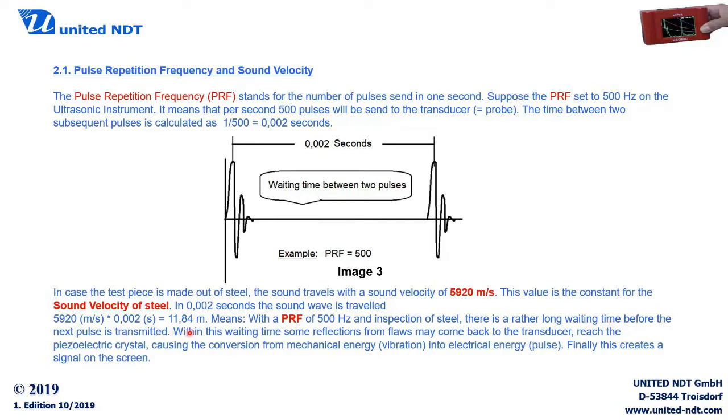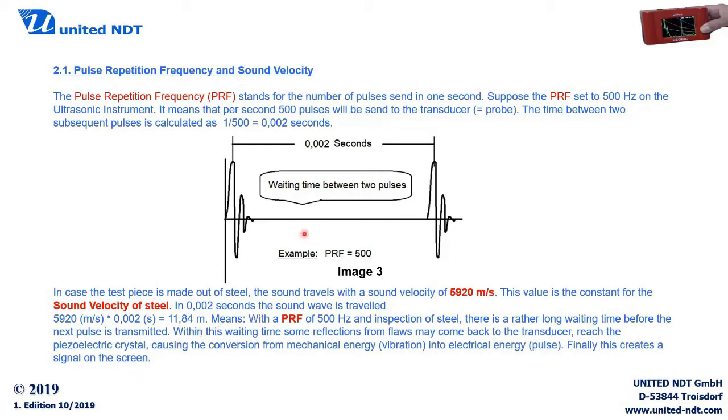And within this waiting time, we can get some reflections from flaws which might come back to the transducer, then reach the piezoelectric crystal in the transducer, causing the conversion from mechanical energy, vibration, into an electrical energy pulse, and finally this creates a signal on the screen.